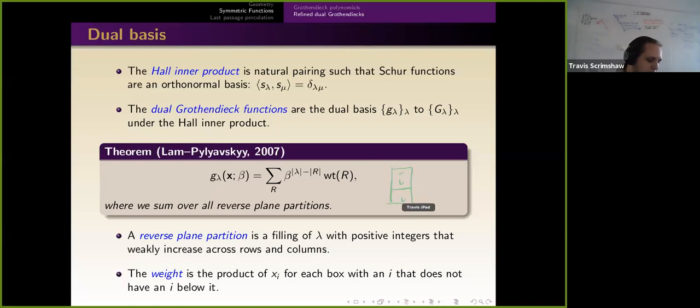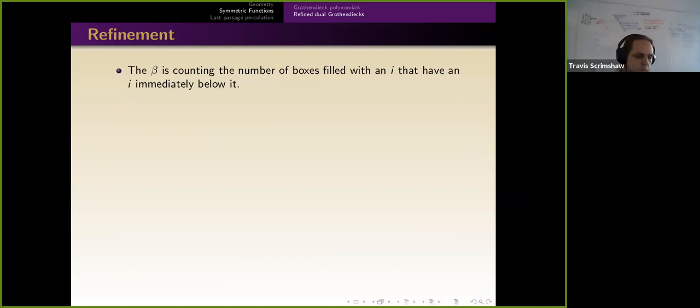So if you have something like this, and then let's say a K where K is greater than I, this I contributes to the weight, and this does not. So this beta parameter is, again, just measuring how far we are from being a semi-standard Young tableau, because it's just counting those boxes that have an I immediately below it.